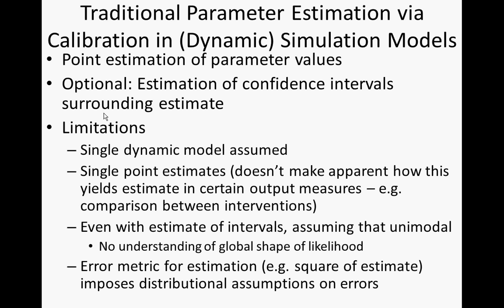Traditionally, this process, which is a key one for estimating model parameters that we otherwise little know, gives us point estimates for parameter values. It gives us a set of values, one for each of the less well-known parameters, whereby the model best matches the empirical data that we have at hand.